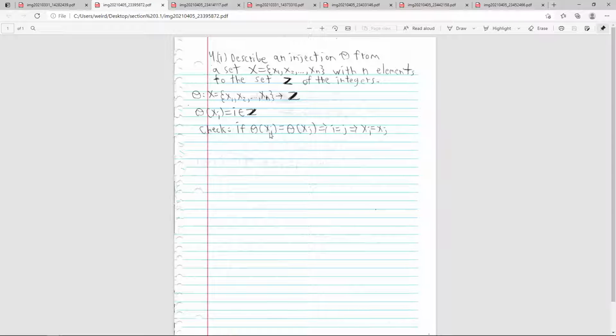Check: if theta of xi equals theta of xj, then i equals j, which implies xi equals xj. It's basically saying that every element goes to one integer.